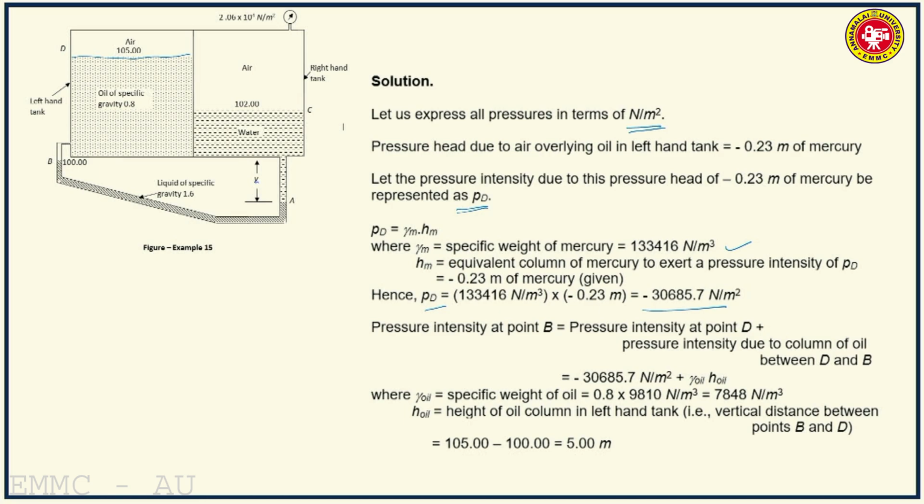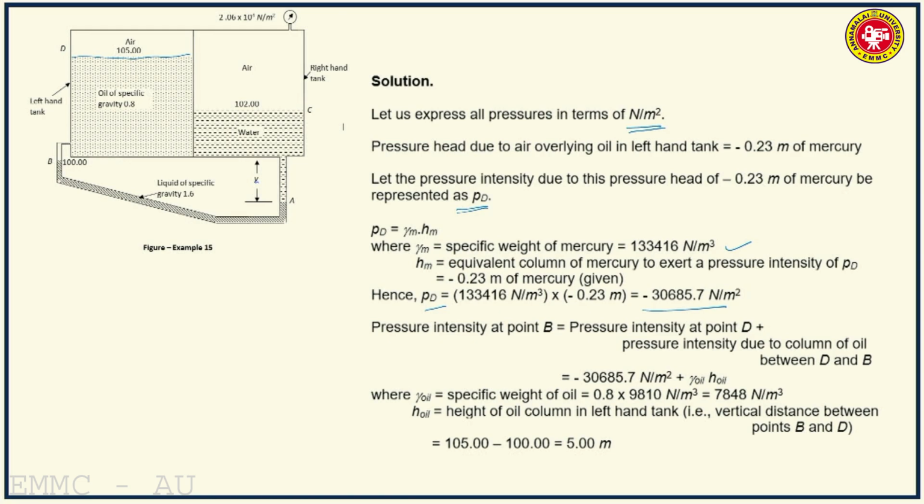Now let us come to the gauge point B, the point B in the left limb of the manometer. So pressure intensity at point B will be pressure intensity at point D, that is at the surface, plus pressure intensity due to the column of oil between D and B. Here at D the level is 105 meters, at B the level is 100 meters.